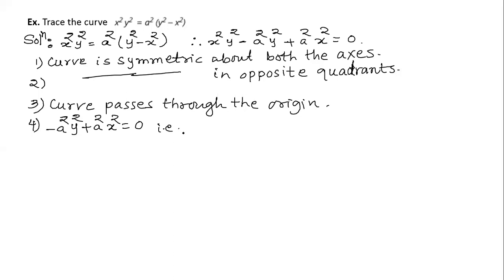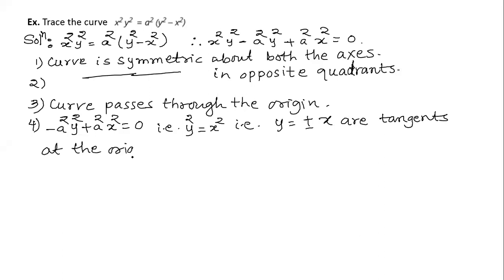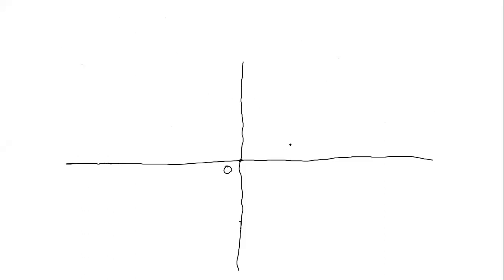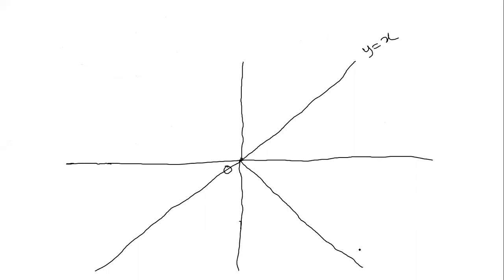That is y square equal to x square, that is y equal to plus x and y equal to minus x are the tangents at the origin. So I am drawing those lines. This is y equal to x, it will be somewhere like this. Similarly, this will be y equal to minus x.